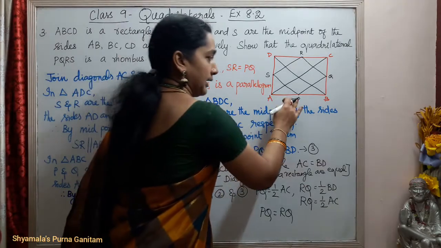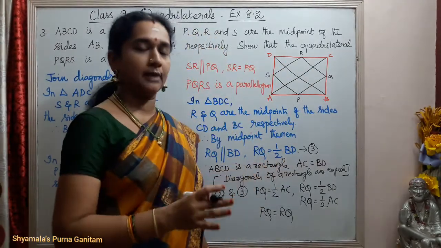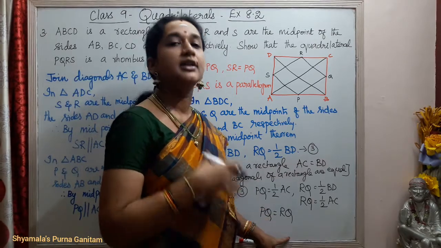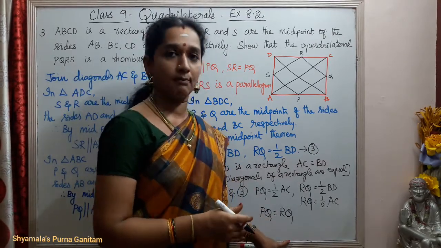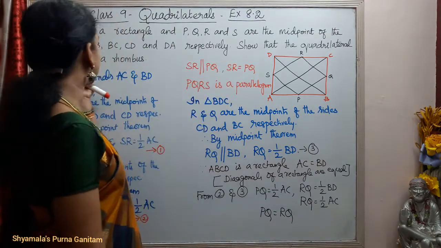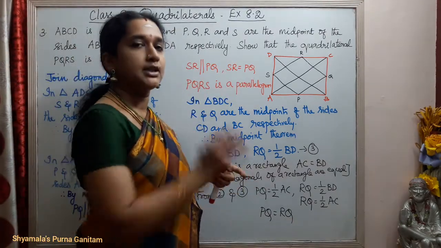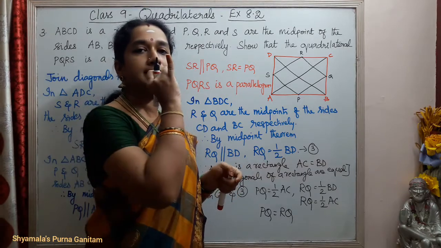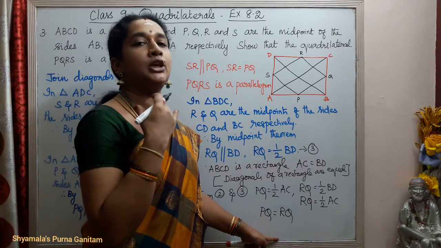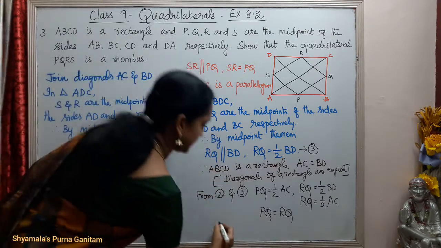So PQRS is a parallelogram. In a parallelogram, if adjacent sides are equal, we can say that it is a rhombus. That is the thing we are asked to prove: show that the quadrilateral PQRS is a rhombus. First we have proved that PQRS is a parallelogram. Now we have proved that PQRS is a rhombus.